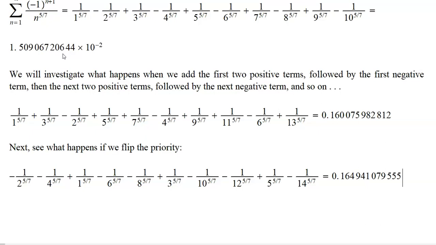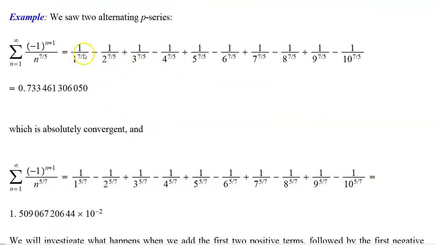You're going to find out that if you want any number, pick your favorite number, like pi, you can rearrange this conditionally convergent series so that its exact sum is going to be pi. It's bizarre. It's really weird. But that is one property of conditionally convergent series, which is not shared by absolutely convergent series. All right, so here is the first series, which we said is absolutely convergent. So let's play the same game.